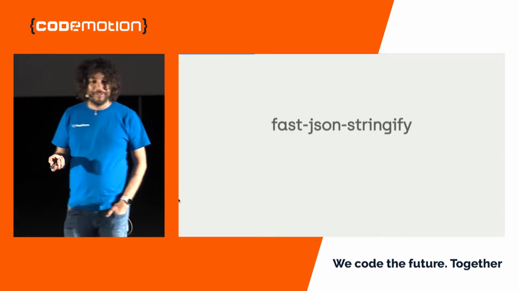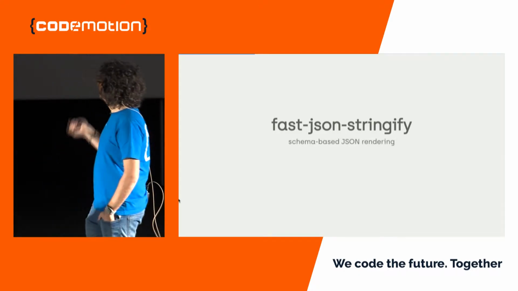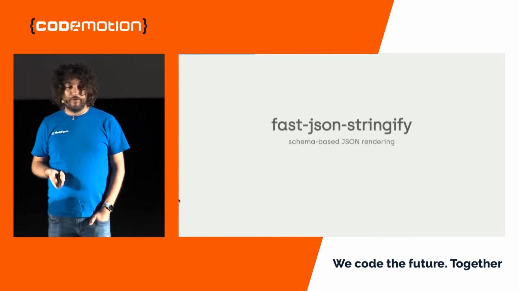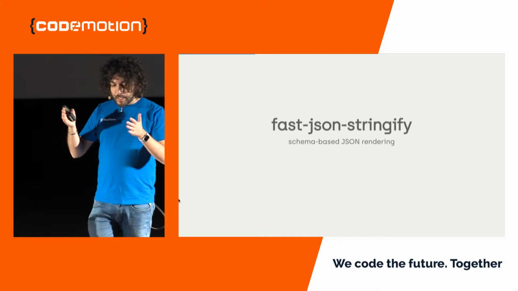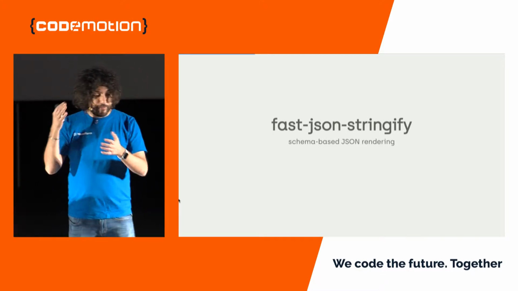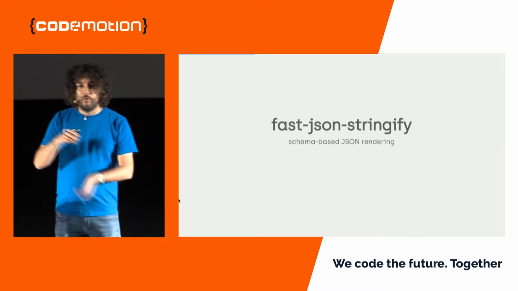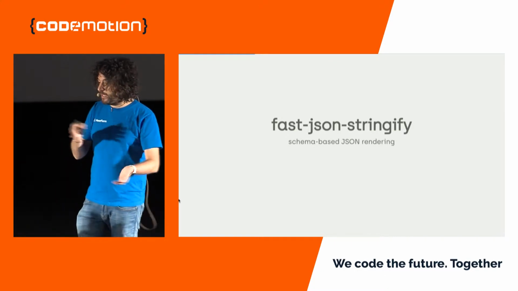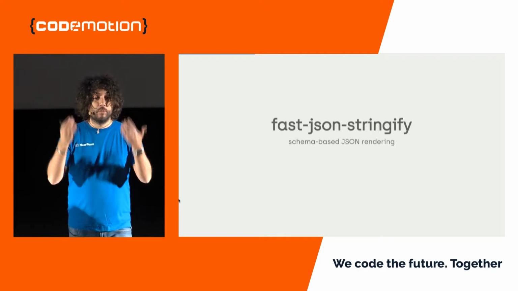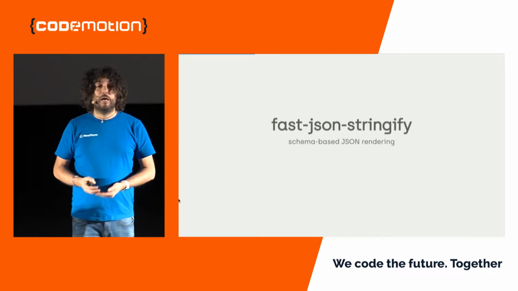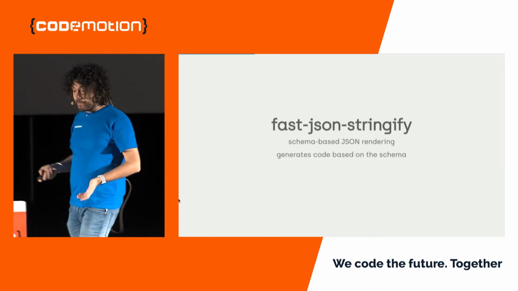So there is a catch. I'm cheating, as usual. It's a schema-based JSON stringifier. So basically, instead of writing something that is generic for any piece of software, for any data structure, it's schema-based. So it knows about what is going to serialize. How does it? It uses JSON schema.